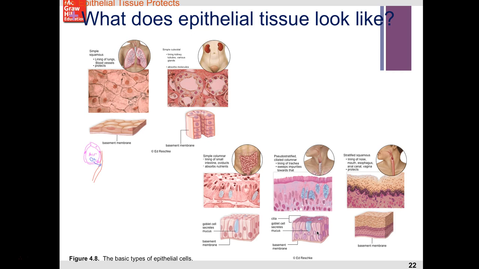Now, we haven't talked about that term ciliated as far as tissues just yet, but what that means is on top of each of these cells, we're going to have these cilia that stick up, and they help to move substances across.